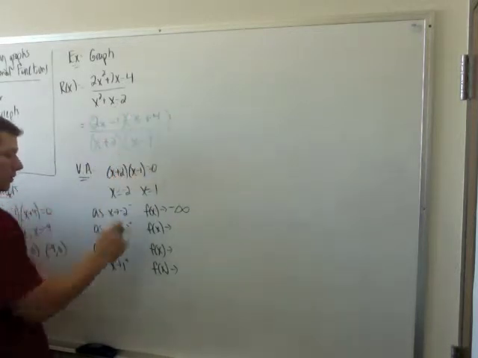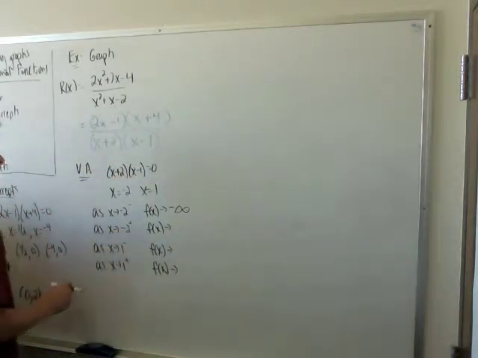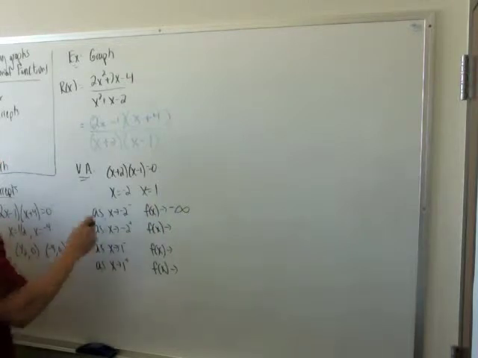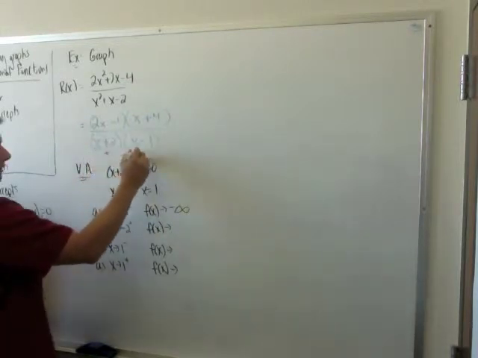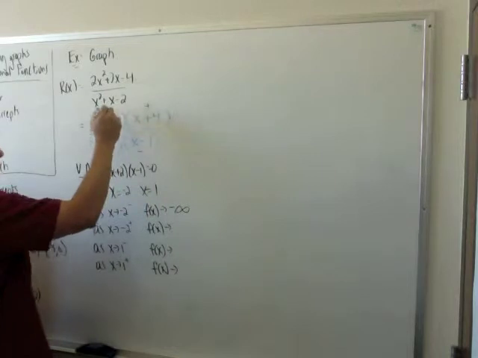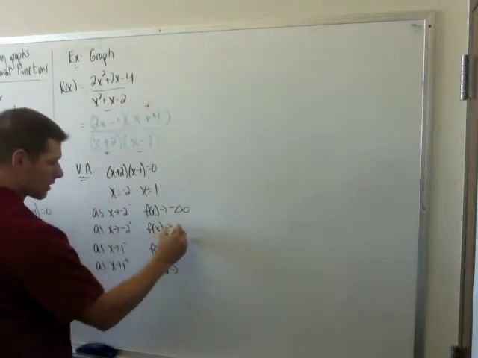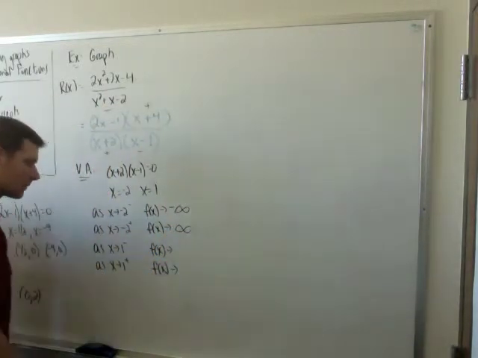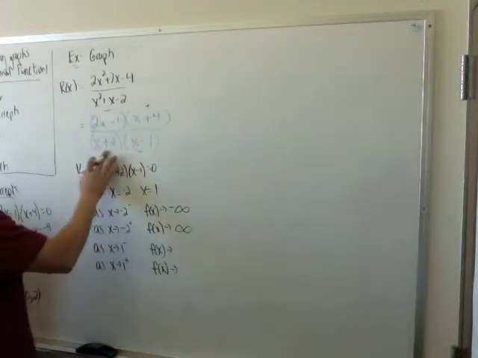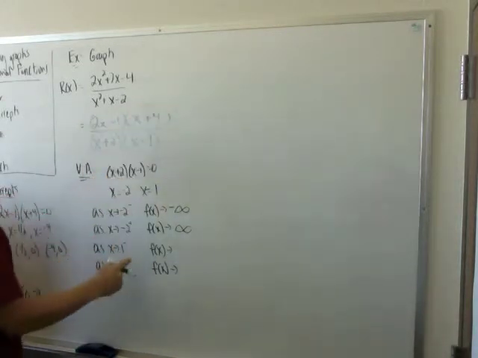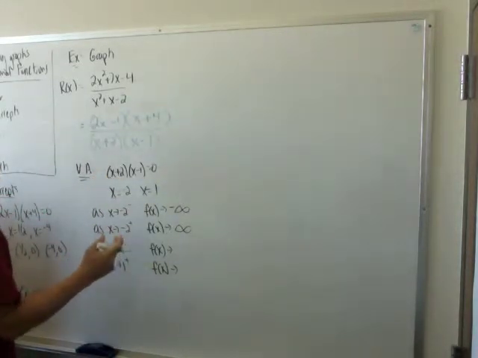Now I'm going to plug in a number just to the right of negative 2. That's negative 1.99. Positive, negative, positive, negative. We've got 2 negatives, so this is going to go to positive infinity. Okay? All right, now we approach 1 from the left. Give me a number real close to 1, but to the left of 1, 0.99.